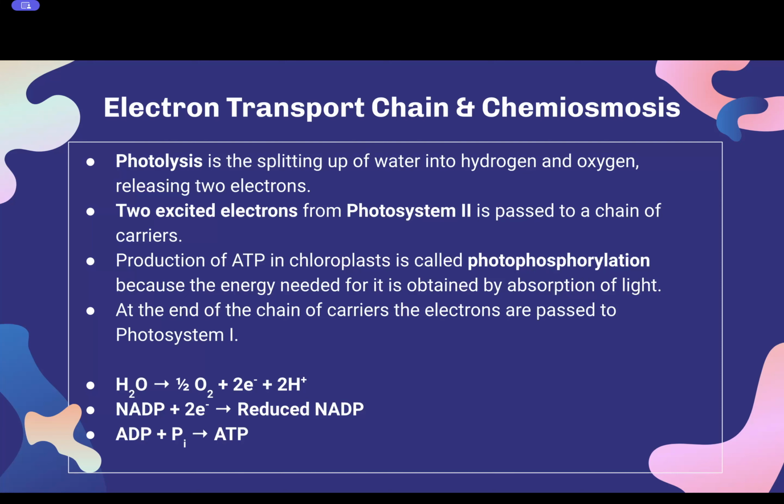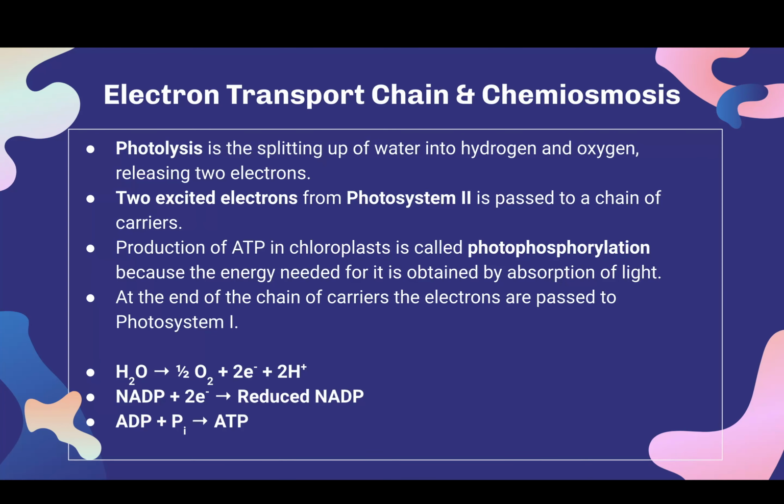So the three main conversions in the photosynthesis ETC are the splitting of H2O into O2, 2 electrons and 2 hydrogen protons; NADP and 2 electrons, which reduces the NADP; and ADP and another phosphate turning into ATP. Basically, it's mostly the reverse of cell respiration, but there are still some differences. Of course, there's no FAD involved here, and there are fewer steps.